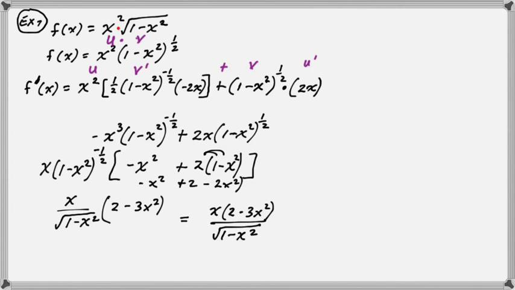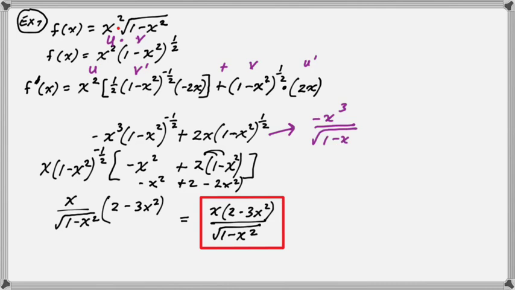If you'll bear with me, I can show you how to get the same answer using radicals from this point. Would you agree that this is negative x to the third divided by the square root of 1 minus x squared? And this is 2x radical 1 minus x squared. Do you agree that these are equivalent?